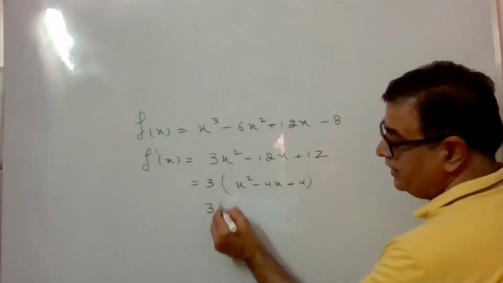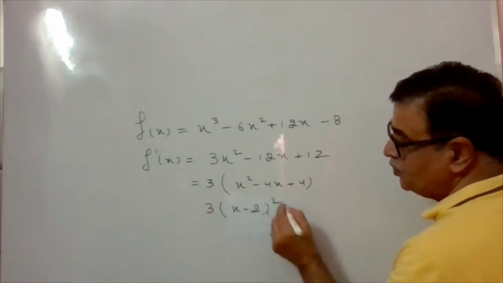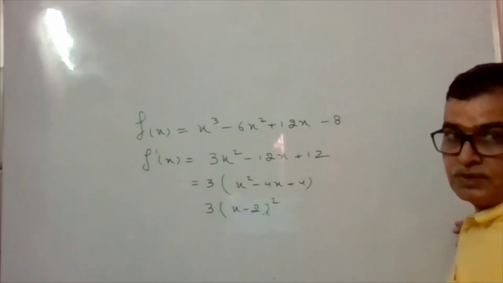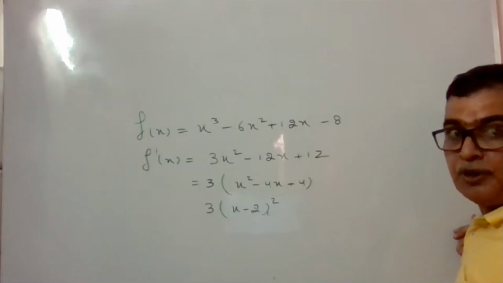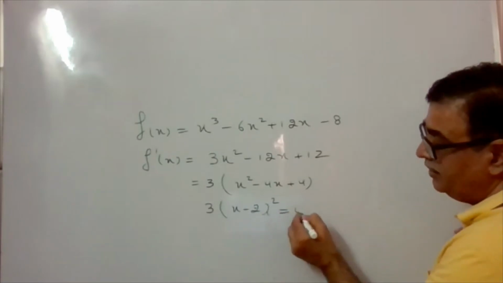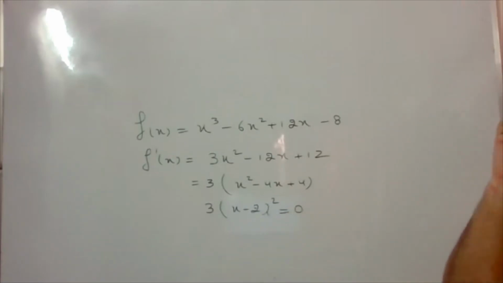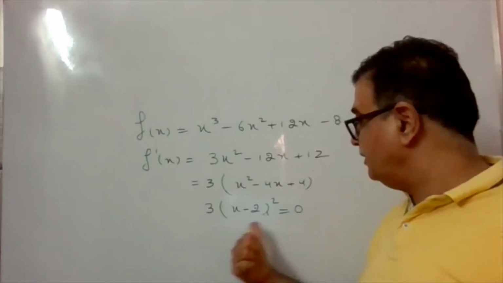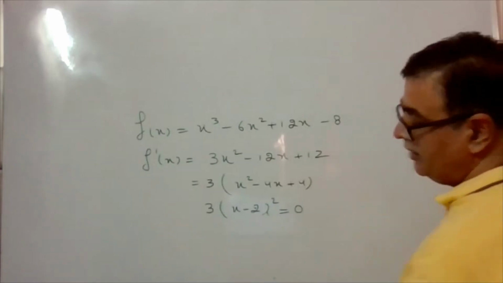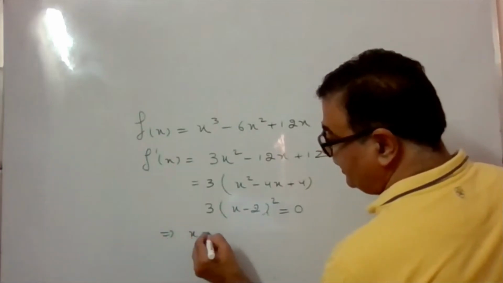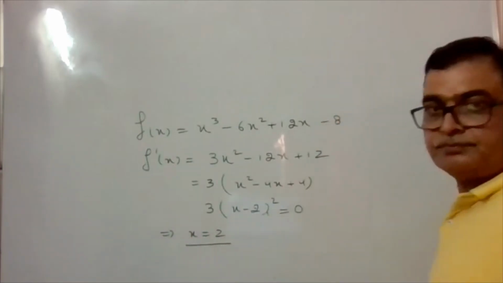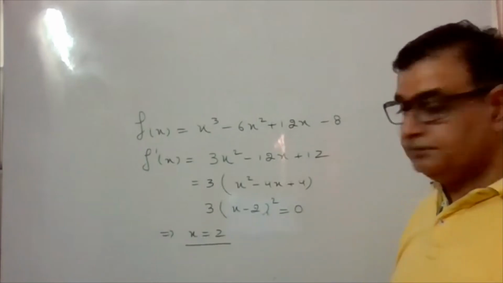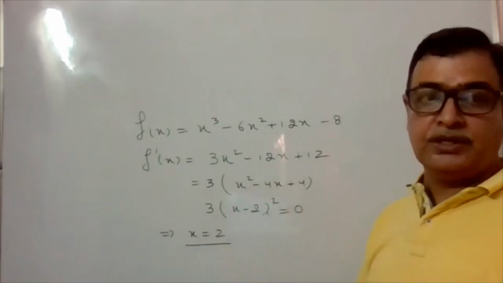Then I should say 3 times (x minus 2) whole square. And then we say for possible point of local maxima or minima, this has to be 0. And when this is 0, we will get x is coming 2.